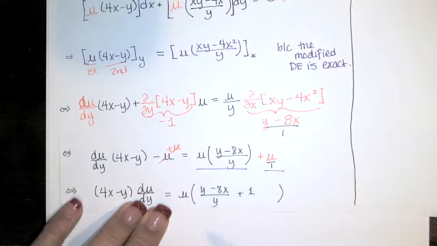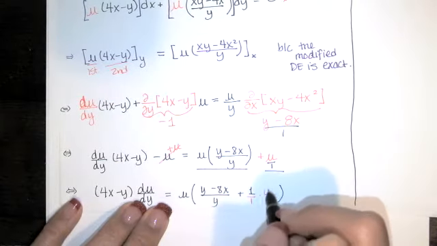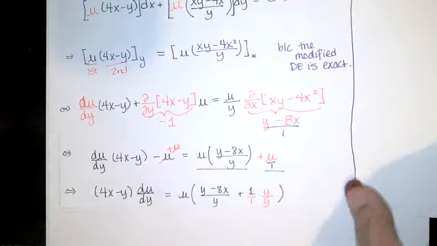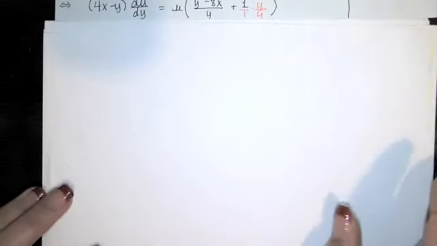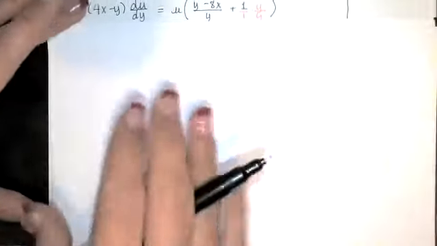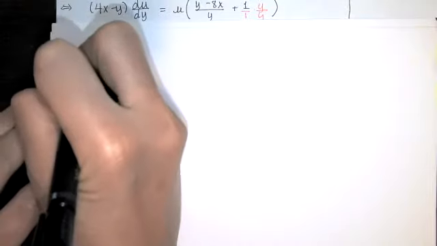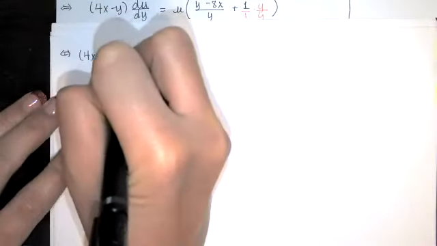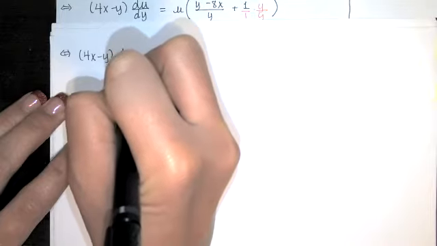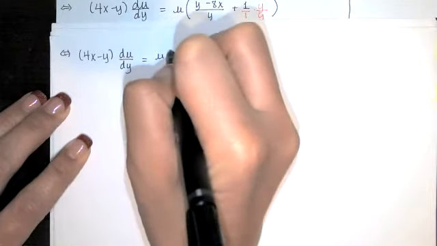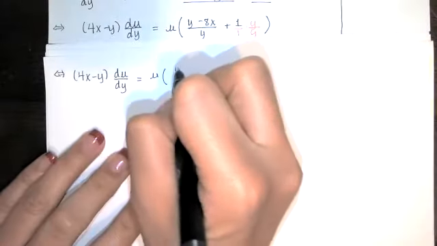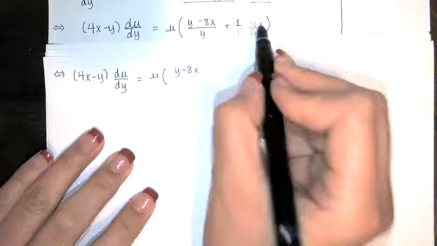Then I need a common denominator here. I'm thinking of this as a fraction plus 1. So I'll write that as itself over 1 multiplied by y over y. And so what we have here is y minus 8x over y plus y over y.